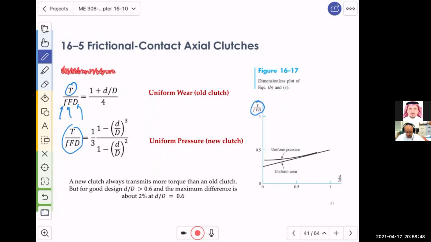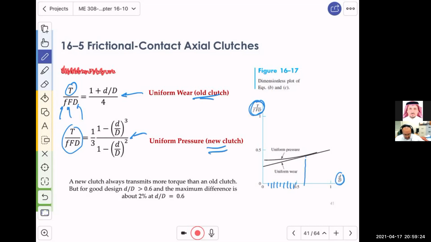Now, as you remember, we said that uniform wear is for an old clutch, and uniform pressure is for a new one. If you look over here at how this factor changes with respect to d small over D capital, you see that the curves seem to be a little different in the beginning, but then at one point, nearly 0.6, they become very similar.